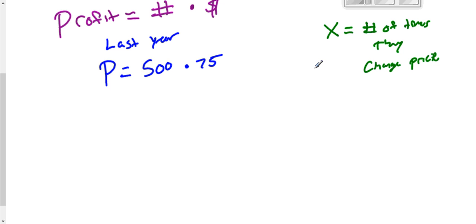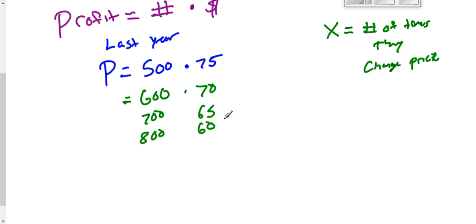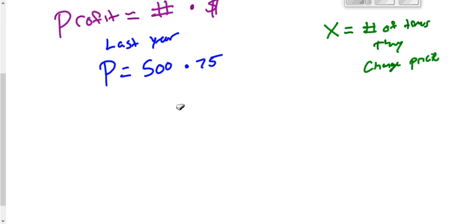We could do this by guessing and checking. Like, we've reduced it down to $70, which means 600 people, and we could figure out the profit. We reduced it another $5, so it's 65, and now there's 700, then 60, 800, and we could check each one of these models. We don't want to spend the time checking each individual model like that.